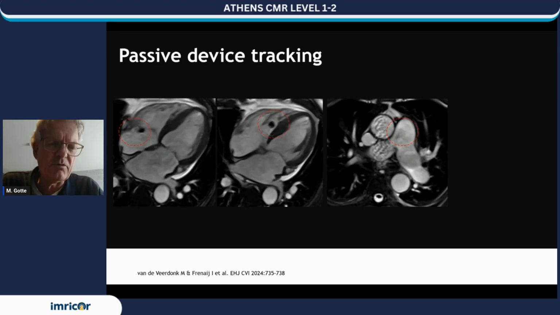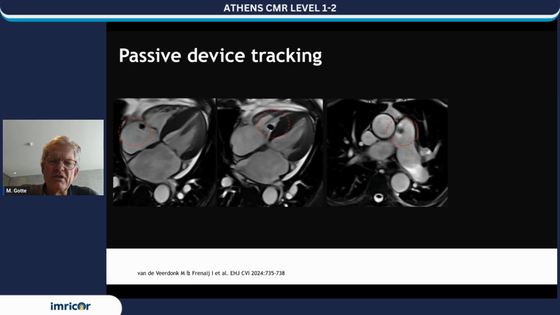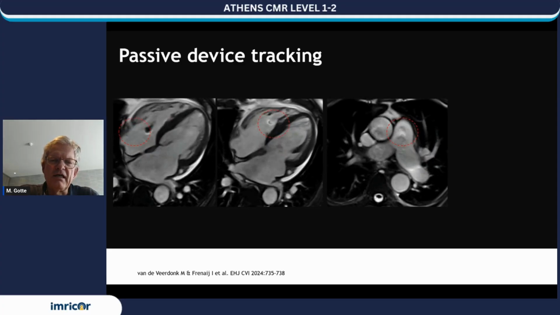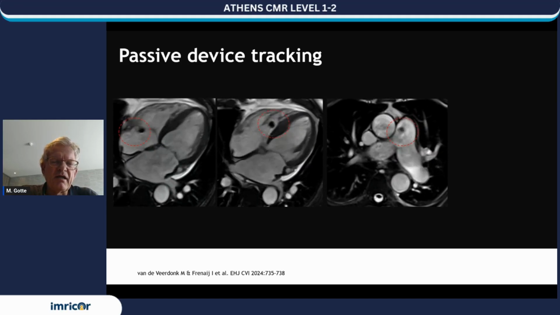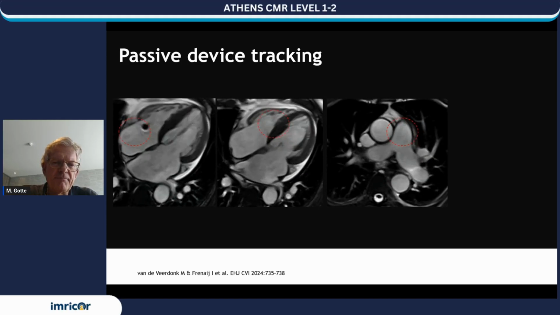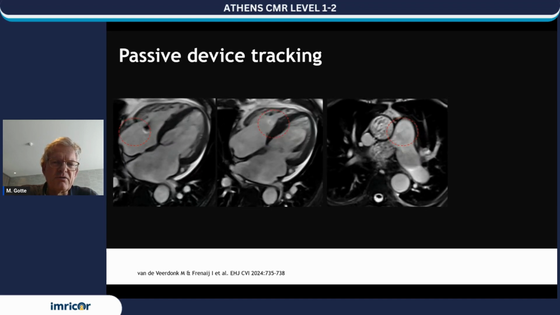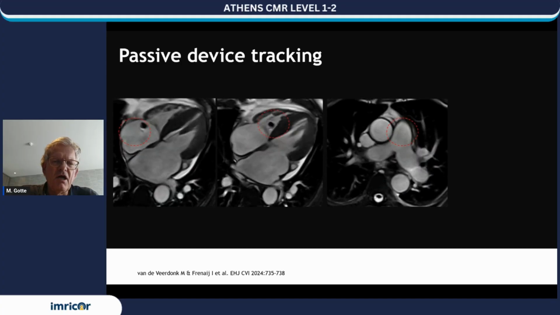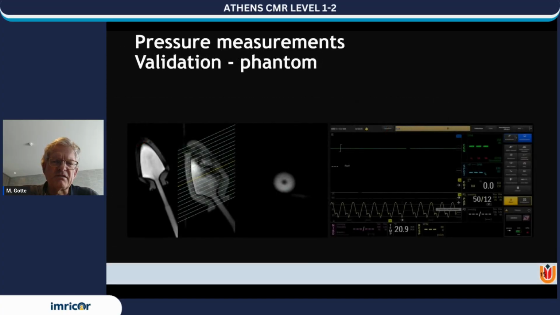Of course, you can do right heart caths without imaging, but there's a reason why we do this. And it's not only because we can practice maneuvering and the interplay between the MR technologist and the imaging cardiologist with the person who handles the catheter, but we can also extract more clinically relevant information from this.